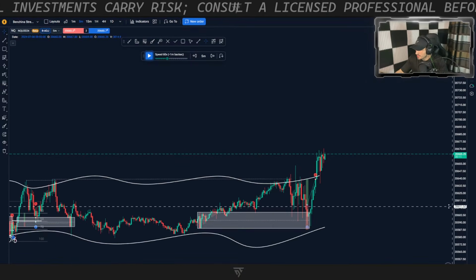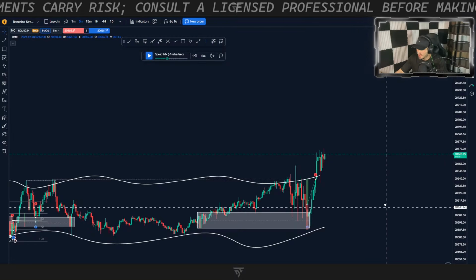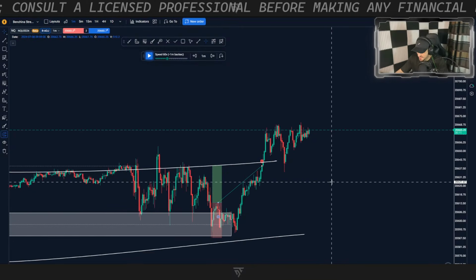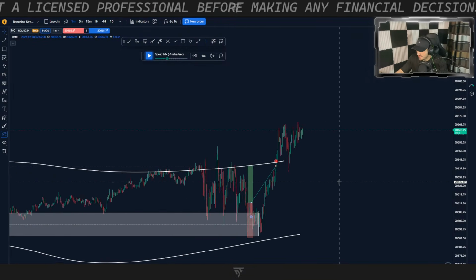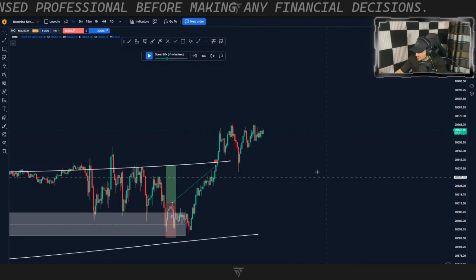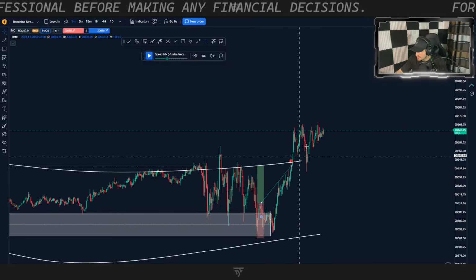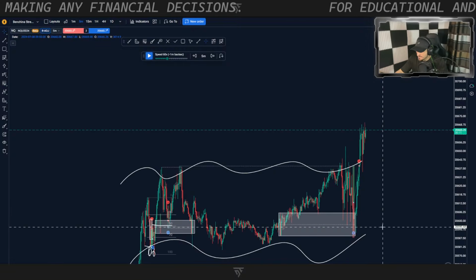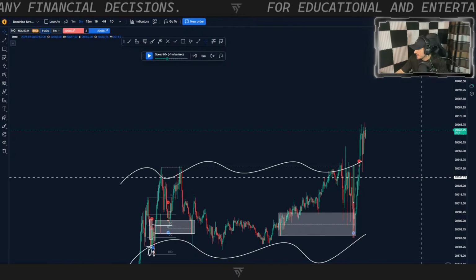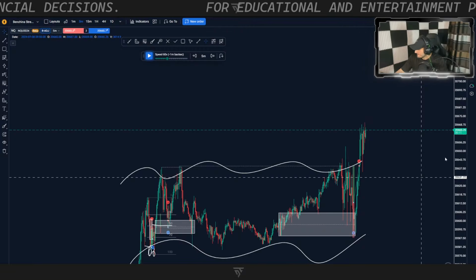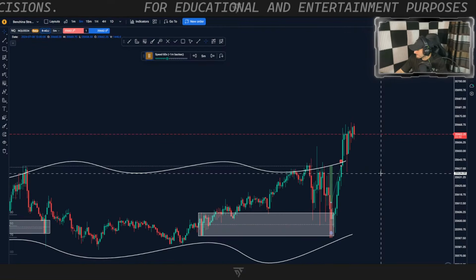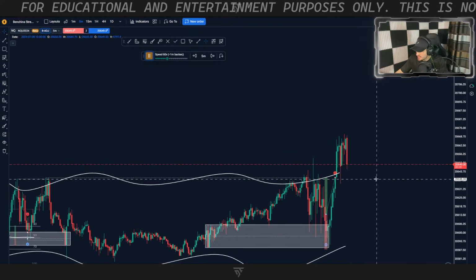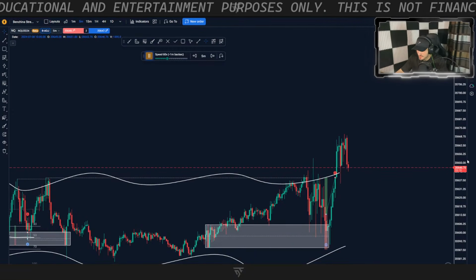But let me see, this is still going higher. Now, with this going higher, obviously over here we have that previous swing. I'm not really looking for any longs. If I'm being completely honest, I'm looking more so at lower prices, possibly coming back into that range. But overall, really neat backtesting software, I must say.